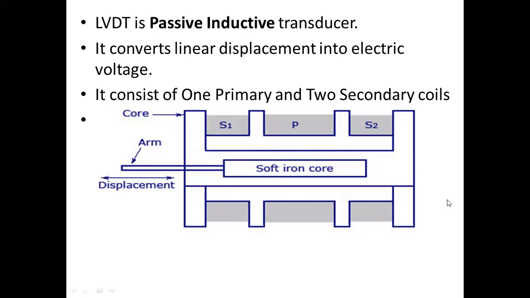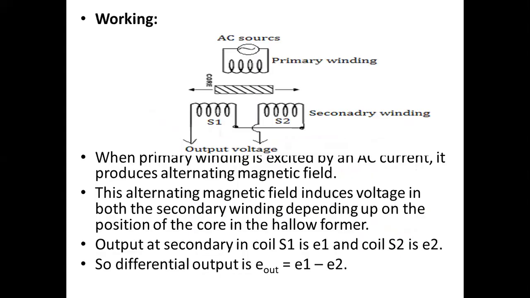Now I will explain once again with the diagram. So this is the actual diagram, and now you will understand. The AC source is given to the primary winding.